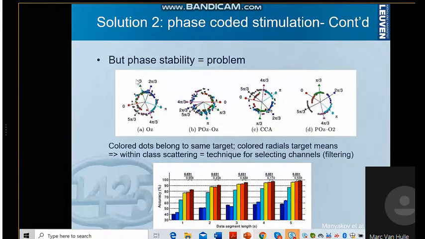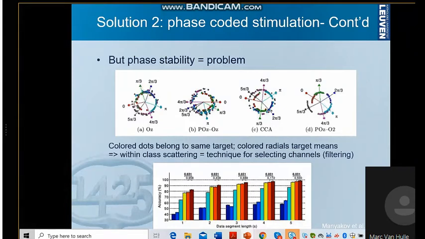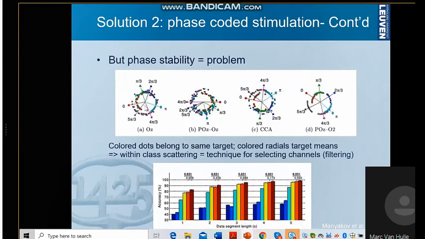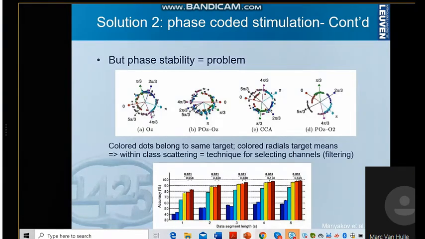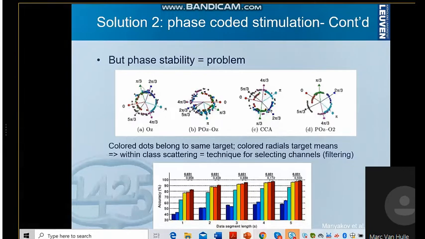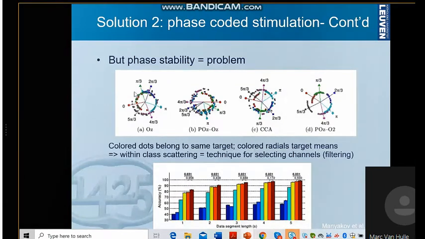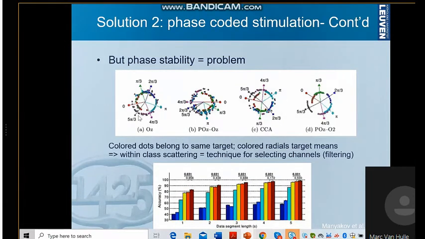Every number here indicates the phase of a particular target, and the colored points indicate what phase we can extract from our EEG signal, and the colored arrows are then the averages. You see that they are no longer uniformly partitioning the phase circle, one thing.